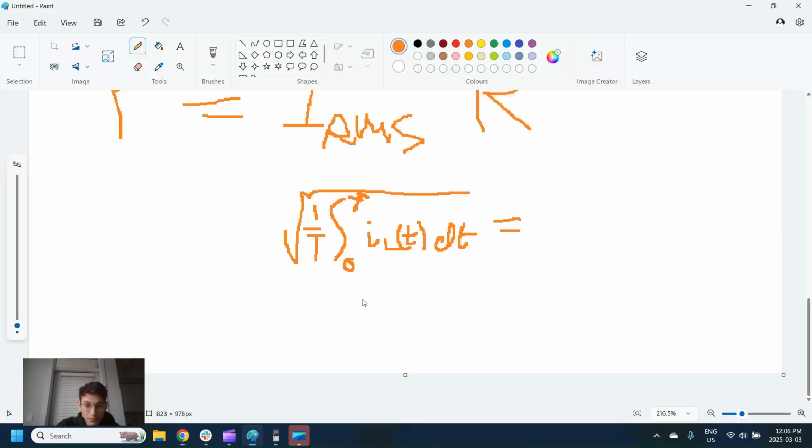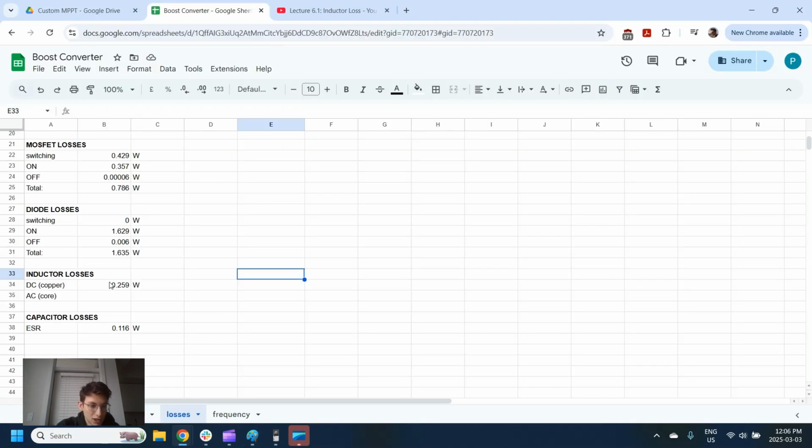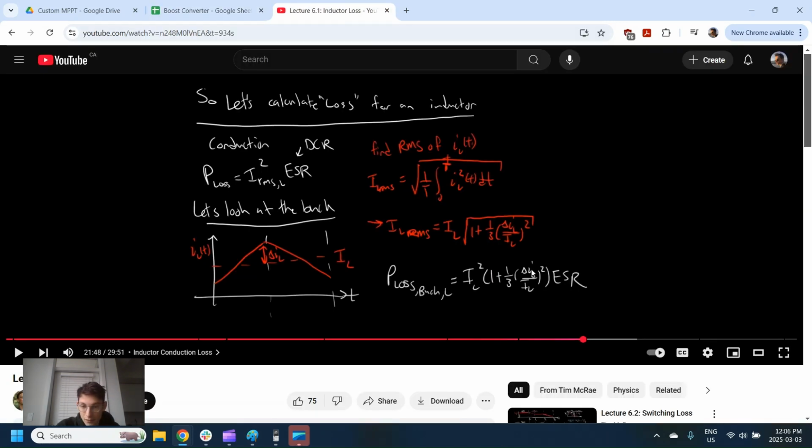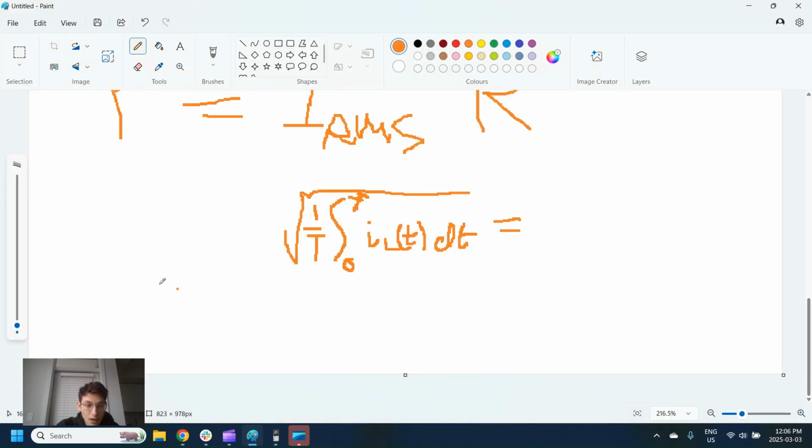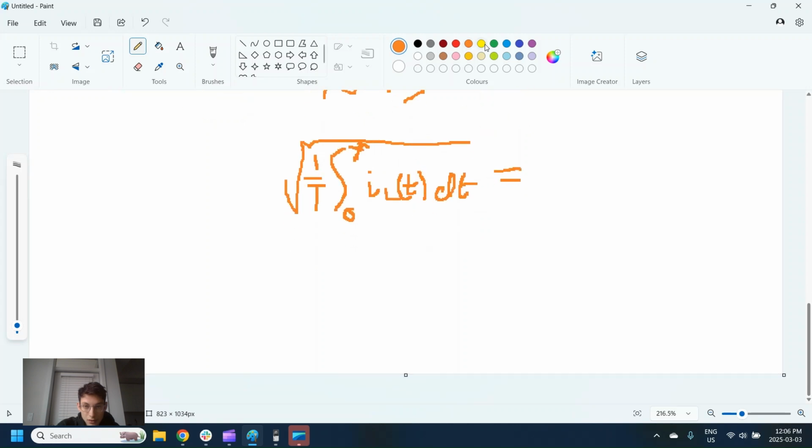So that's great. We have that, which I just punched in here. The only thing that I've done is I've said, well, what is our delta IL over IL? So let's just go to a different section here. Our delta IL over IL. This is just going to be our percent change.